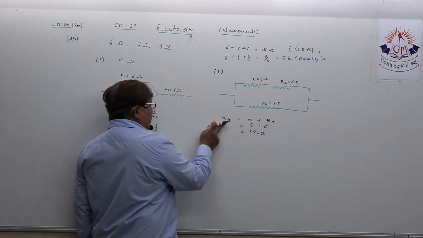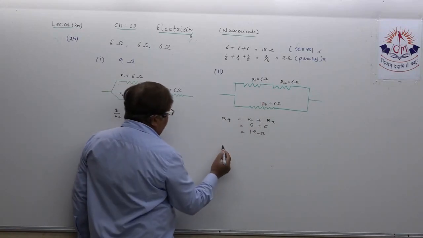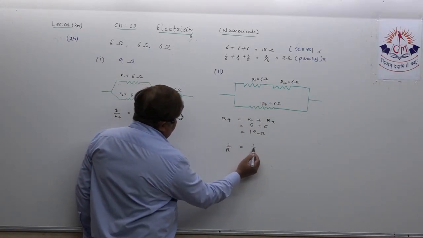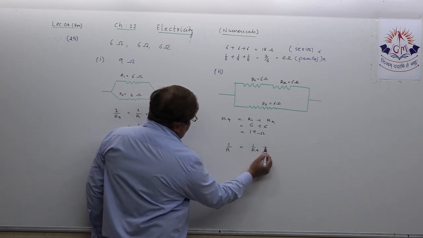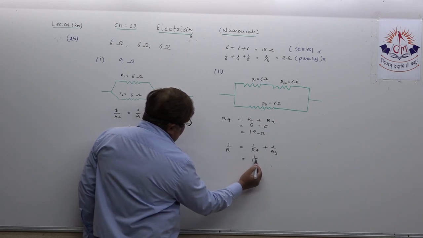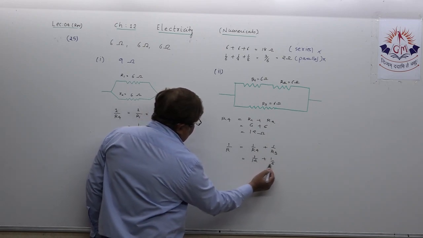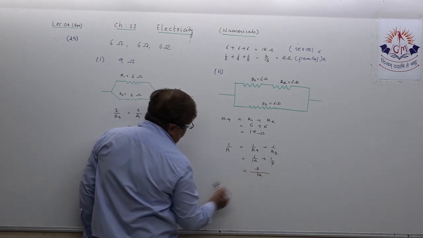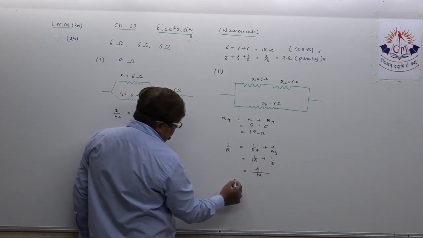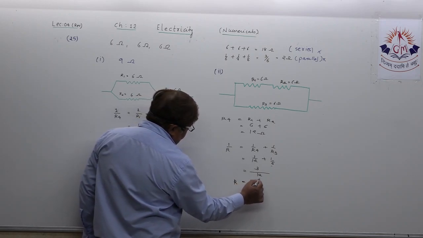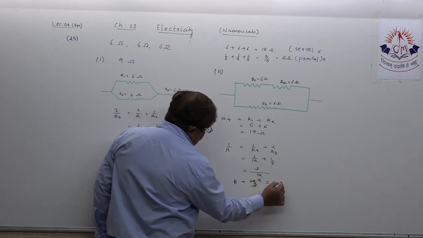Now this R4 is in parallel with R3, so I take 1 upon R equal to 1 upon R4 plus 1 upon R3. 1 upon 12 plus 1 upon 6. 12 is the LCM. Here 3. Just reciprocalize it, 12 upon 3. You got the answer 4 ohm.